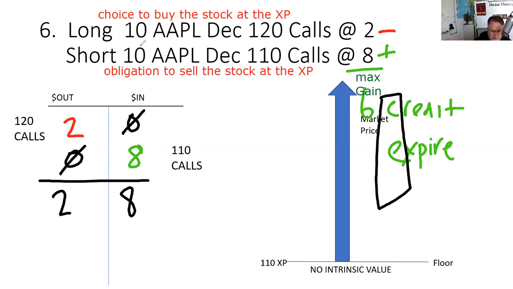In fact, I just illustrated that 6 is our max gain. By the way, I think you're kind of a jerk of a customer if you say, well, Dean, had we just done the naked calls, we would have made $8,000. Well, yeah, but you would have been taking all kinds of risk. We're saying we want to play between here and here, and then we don't want to play no more. Now, the next thing we've got to do is determine whether we want the difference in the premium to widen or narrow.